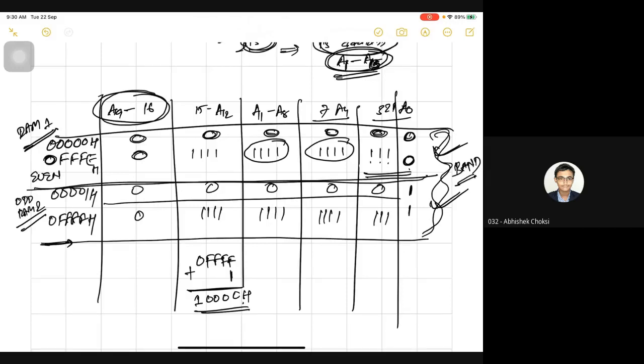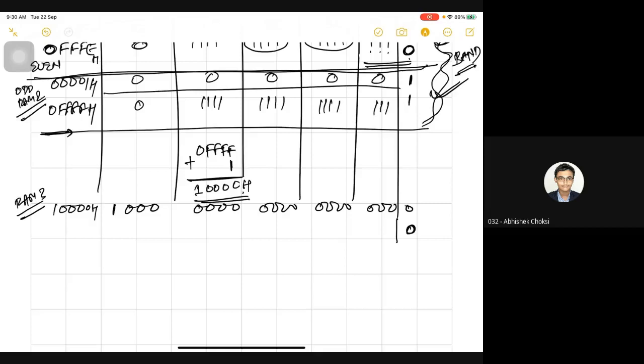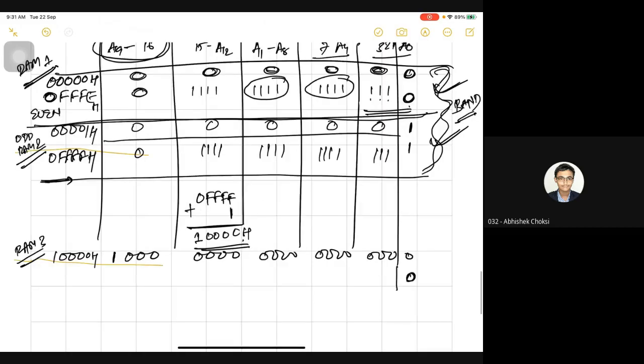So RAM 3 will start at location 10000H. Write it down here. 10000000000000000 and 0. A0 is 0. Done. Is everyone there? Next is the same. A0 will remain 0 only, and you need to change bits up to A15 because 15 address lines are needed.